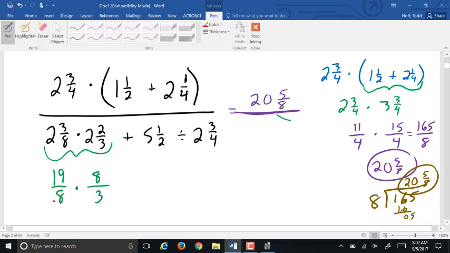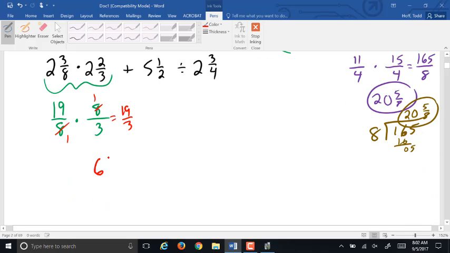Our eighths are going to cross cancel. Divide by 8 gives us 1 and 1. So 19 times 1 is 19. 1 times 3 is 3. So that is 6 1/3.